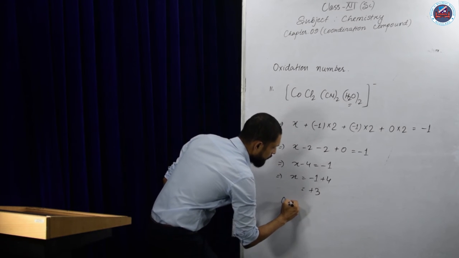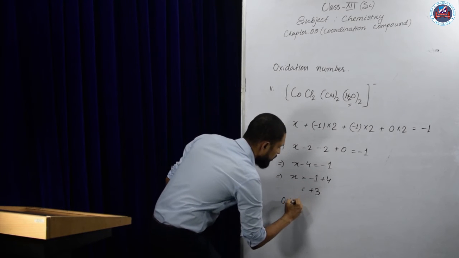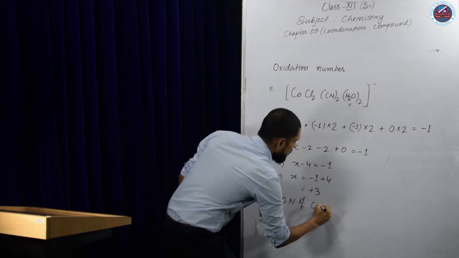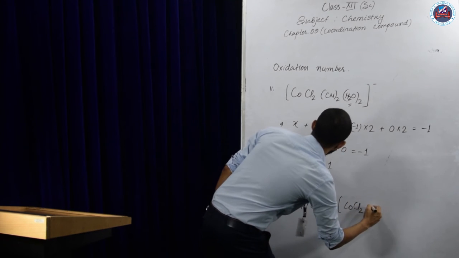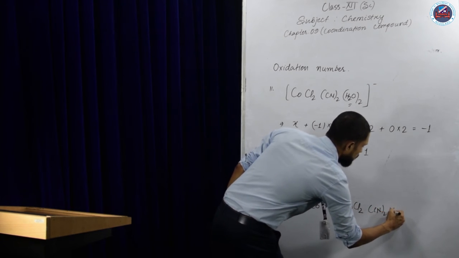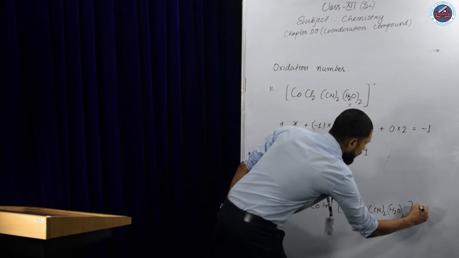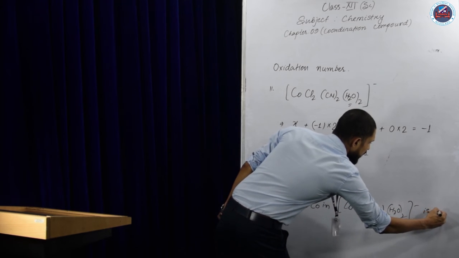So the oxidation number of cobalt in this complex, [CoCl2(CN)2(H2O)2]-, is +3.